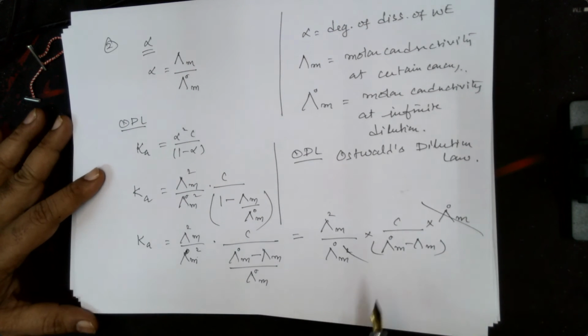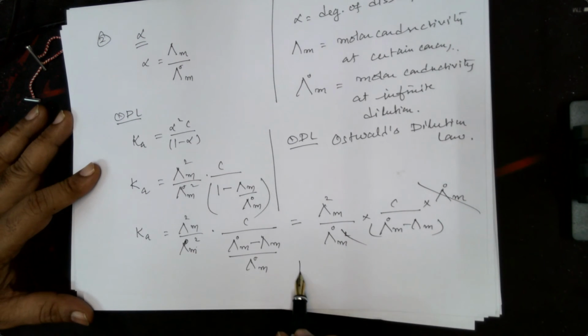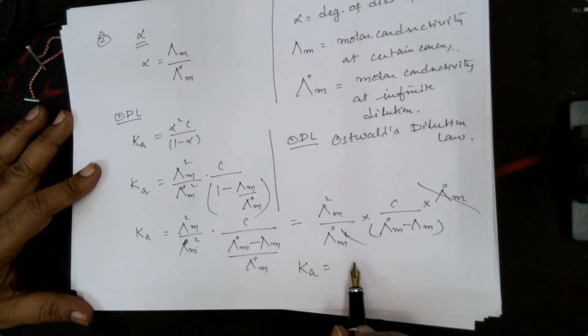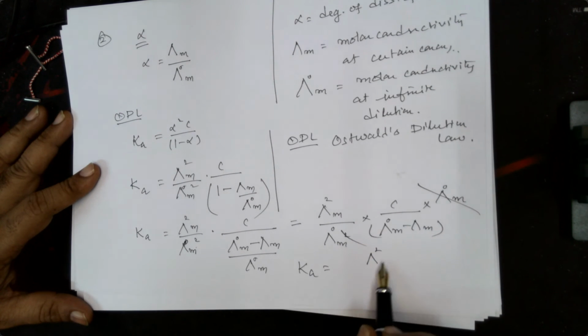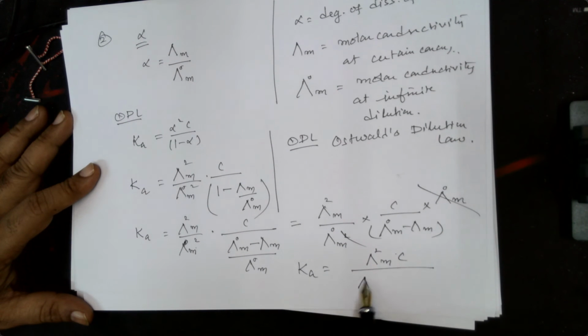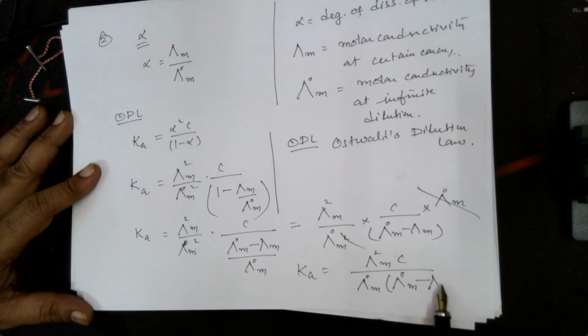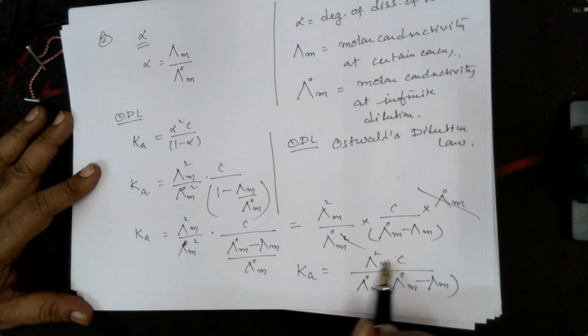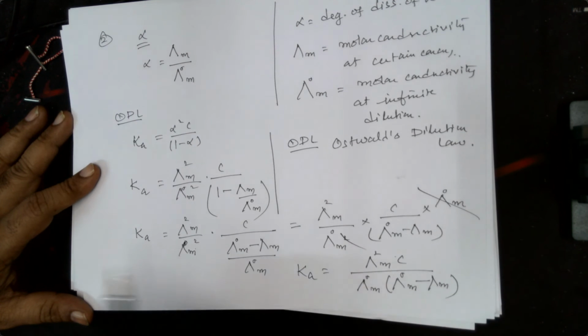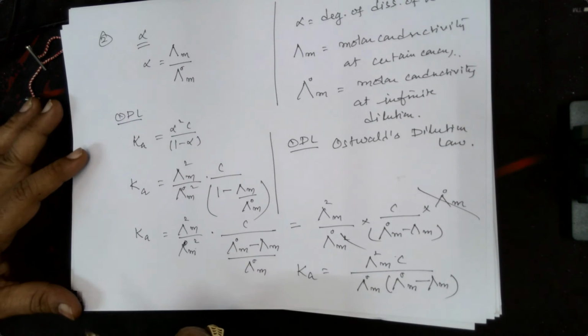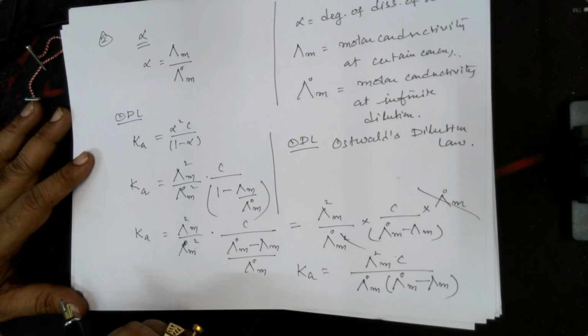And finally we get Ka is equal to lambda squared m into C divided by lambda naught m into lambda naught m minus lambda m. So by determining lambda naught m and lambda m, we can find the dissociation constant. Got it?